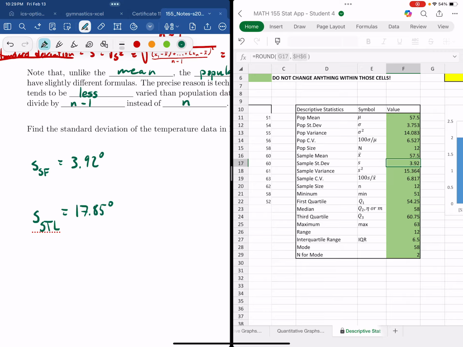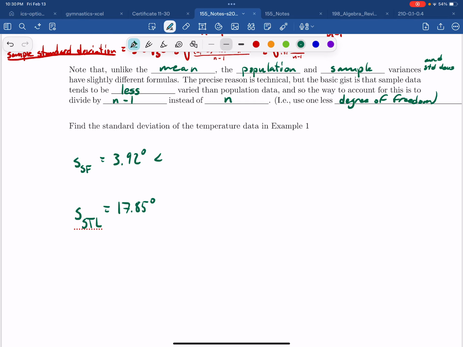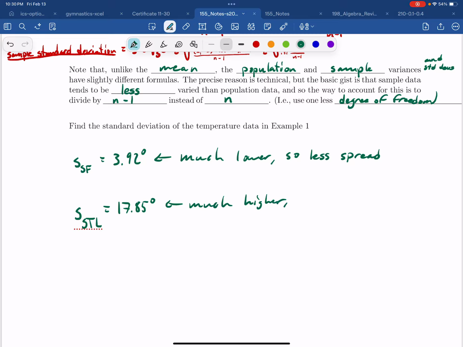So this is a good measure of spread, because we see this one is much lower, so less spread, and this one is much higher, so more spread.